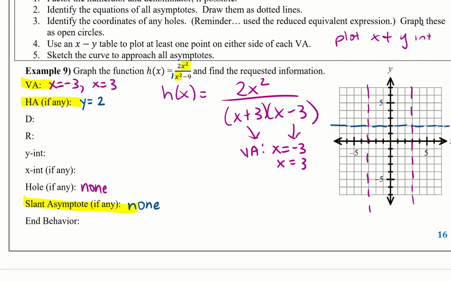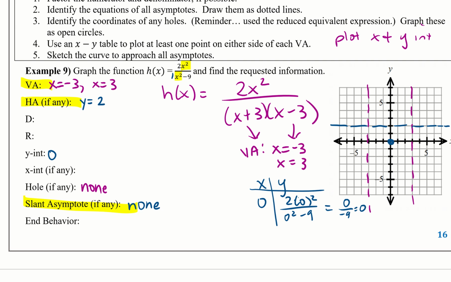I'm just going to look at the y and x intercepts. To find the y-intercept, plug in a 0 into your equation. I'll use the factored form. I guess it doesn't matter. You can use the non-factored form. It'll work either way. I end up with 0 over something, which is just 0. So my y-intercept is at 0.